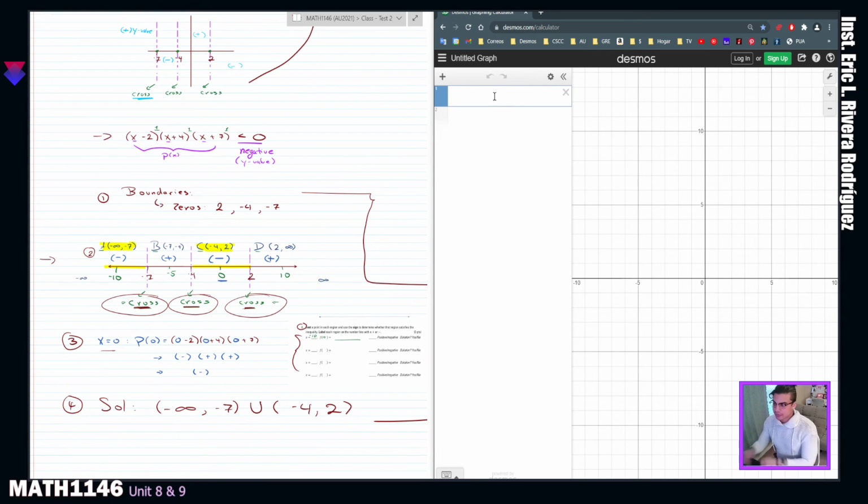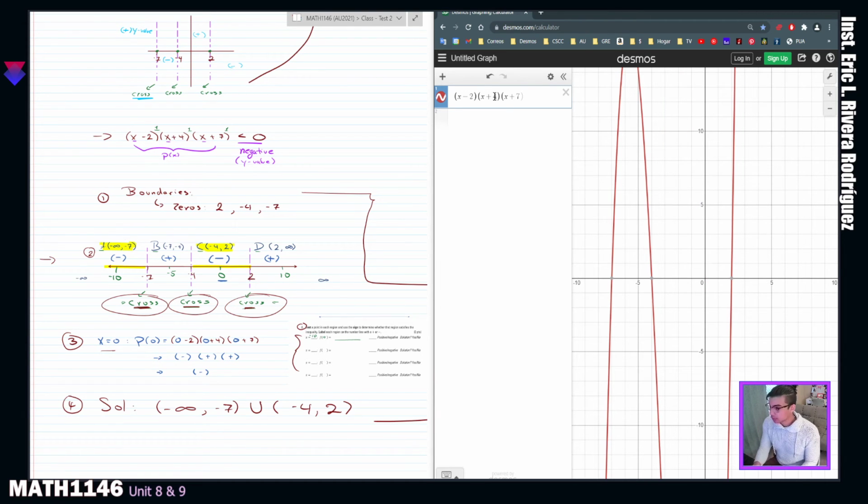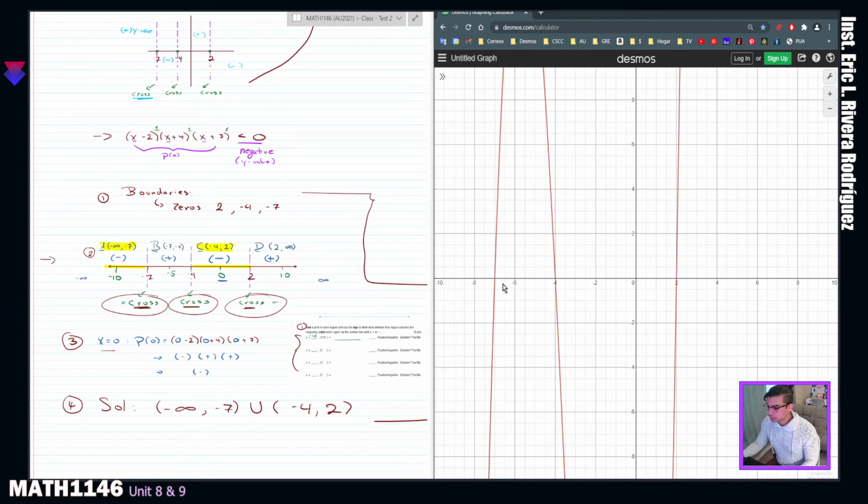So we have the graphing calculator. Let's just put our polynomial here, and then x plus 7. All right. So that's the graph of the polynomial.